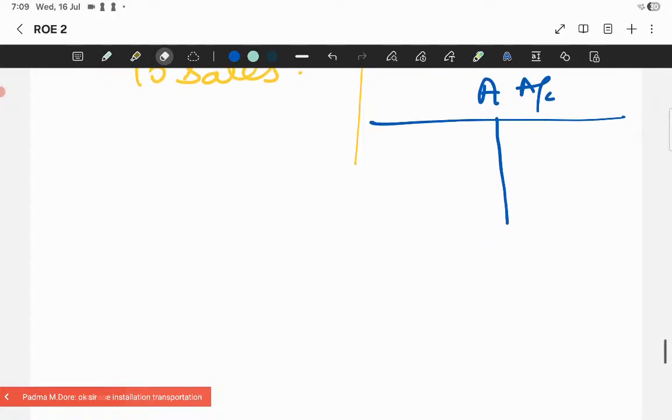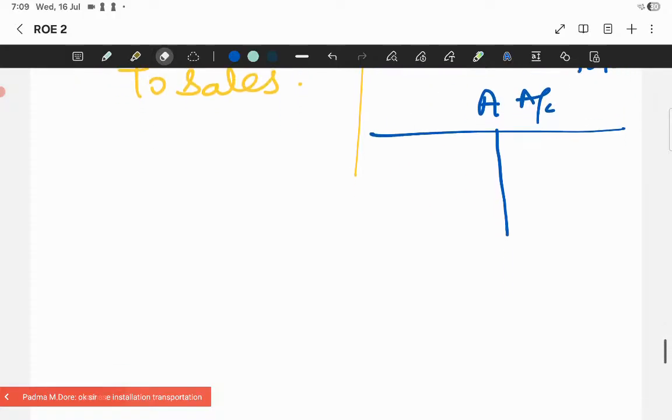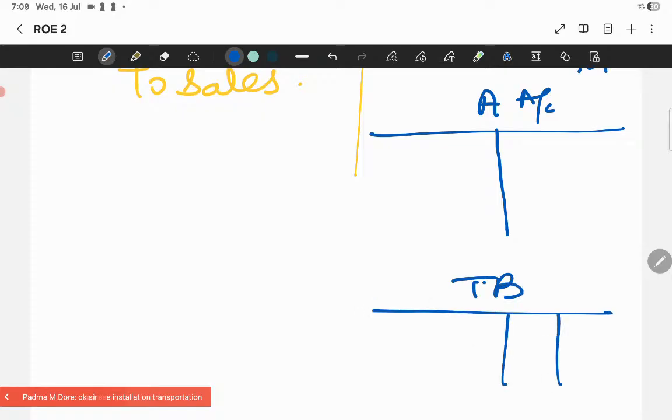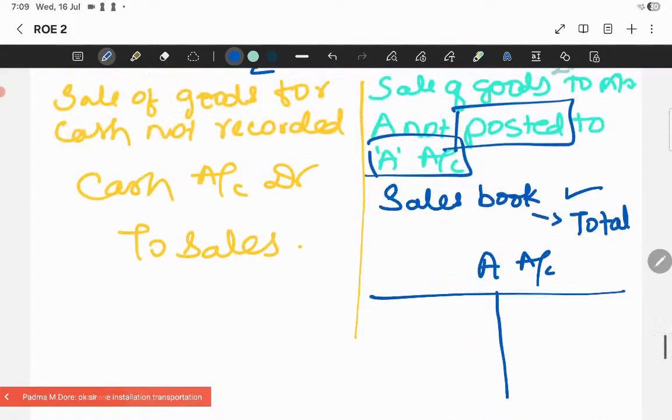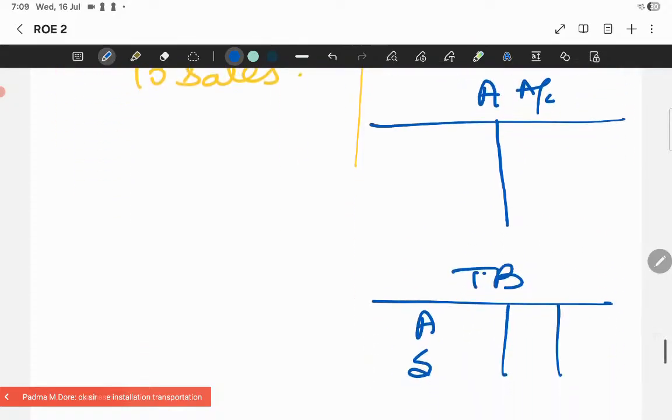Now, the effect of this on the trial balance we need to check. If I prepare the trial balance of this, what will happen? In the trial balance, we will have 2 accounts, A's account and sales account. As we credited sales, in sales we will find 100.